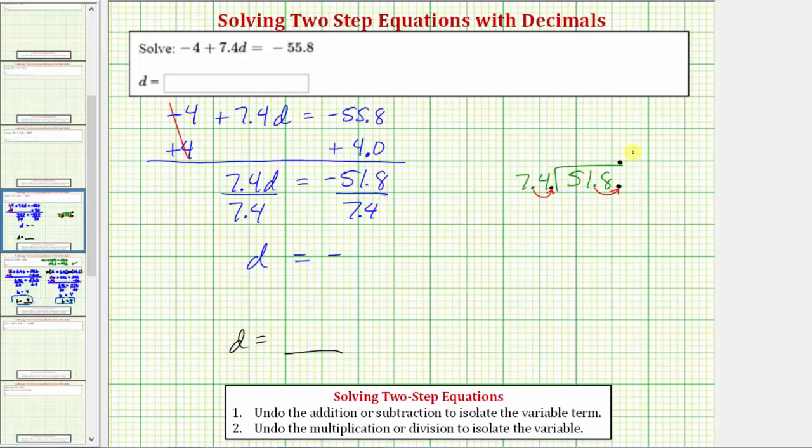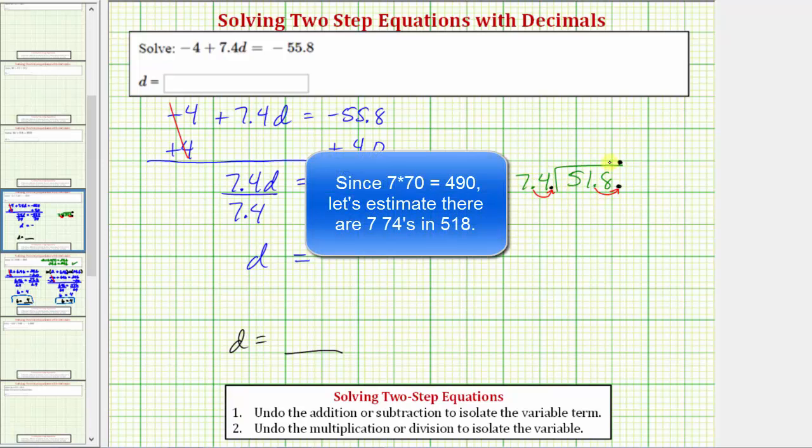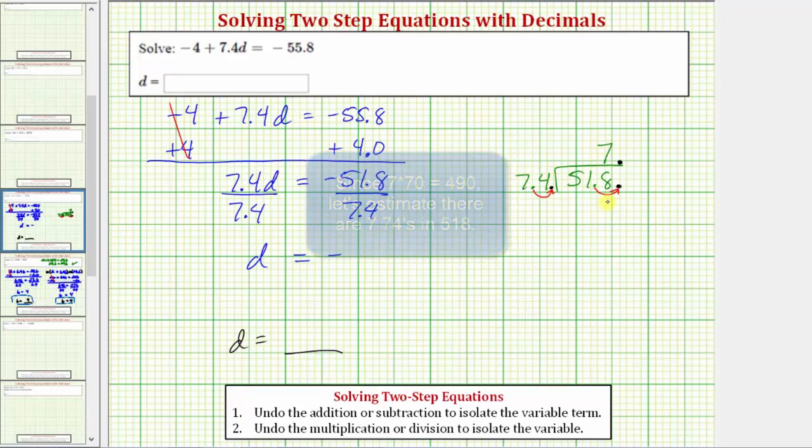Notice how we change the quotient from 51.8 divided by 7.4 to 518 divided by 74, which will give us the same result. Now we need to determine how many 74s there are in 518. I think there are 7. 7 times 4 is 28.